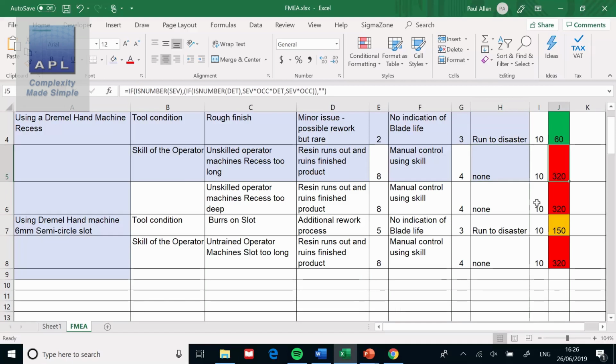Now, I'm not going to finish the rest of this FMEA off. But if you look at this, it would be telling the engineer, if you allow this low fidelity solution to go forward, you run the risk of high reject rates, lack of control on the computer in terms of stock accuracy.